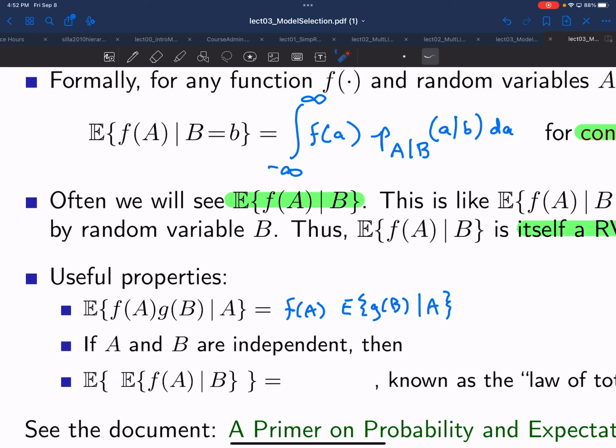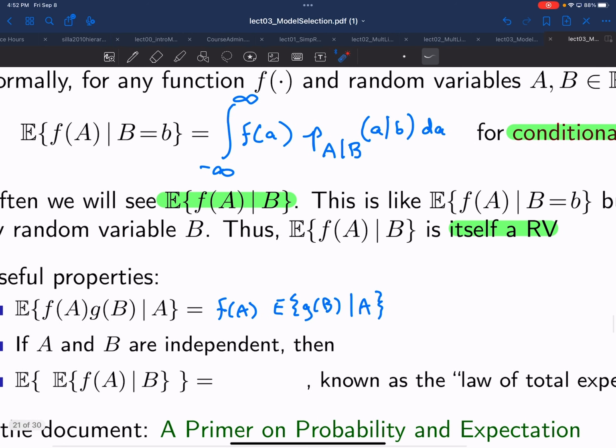Any questions on this? Ready to move on to the next one? Okay. So what about the next one? If a and b are independent, what happens to that same expression? Let's see.